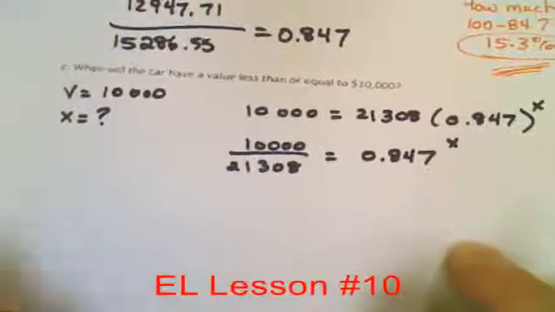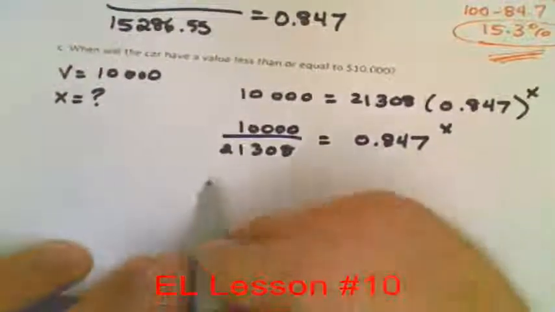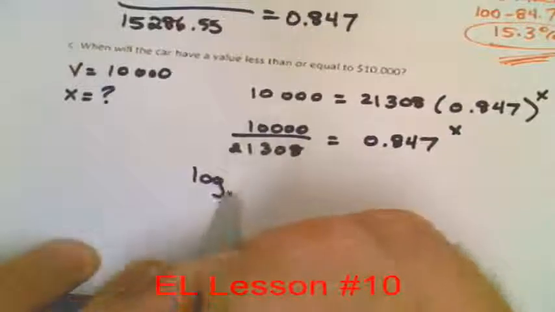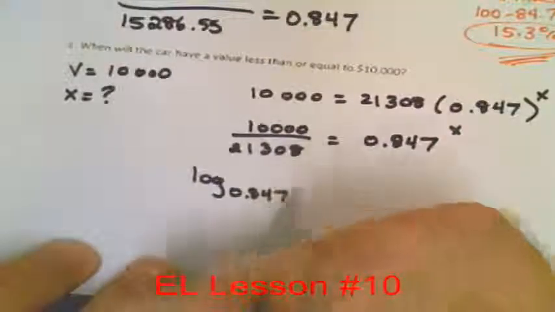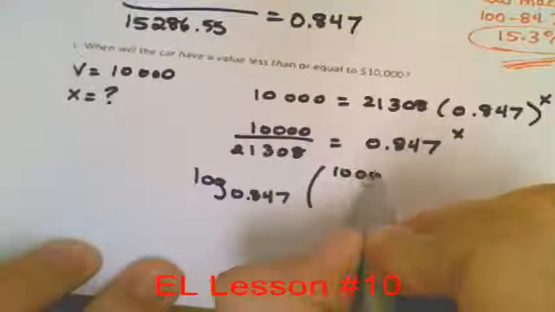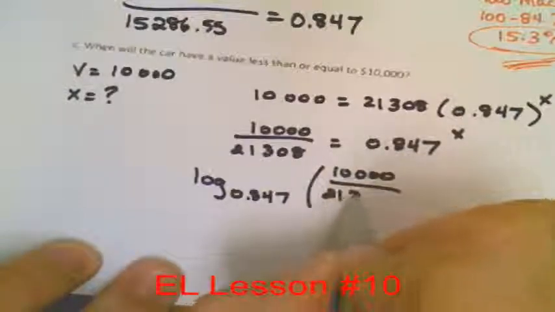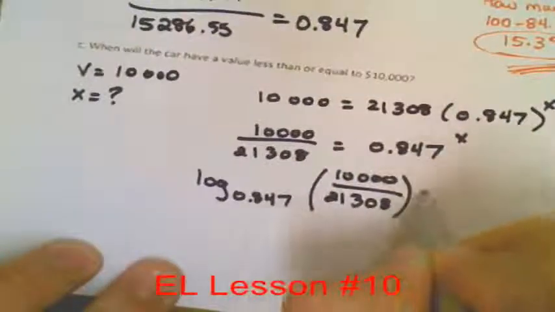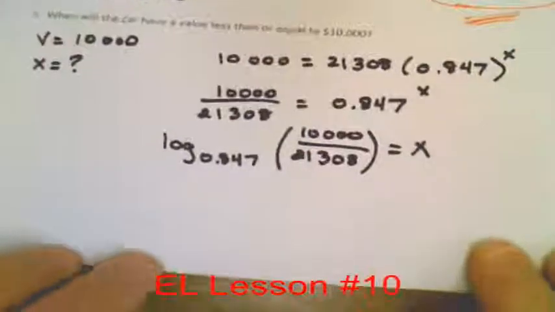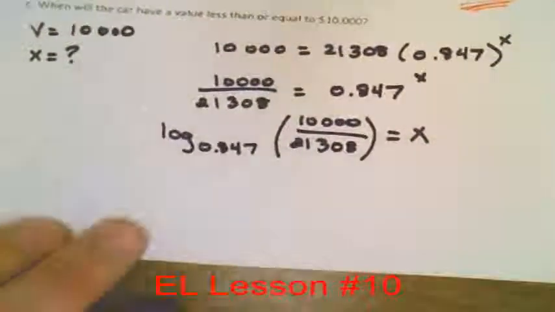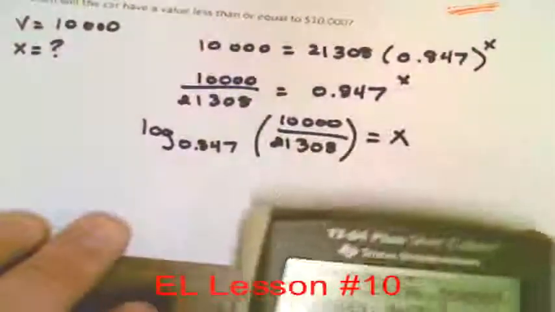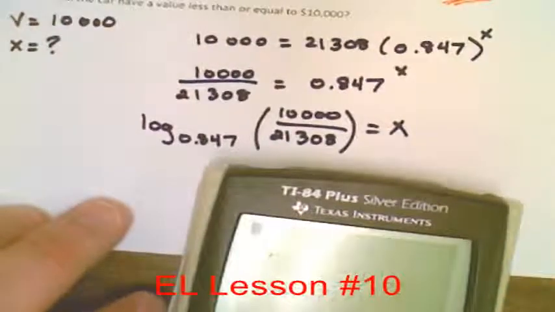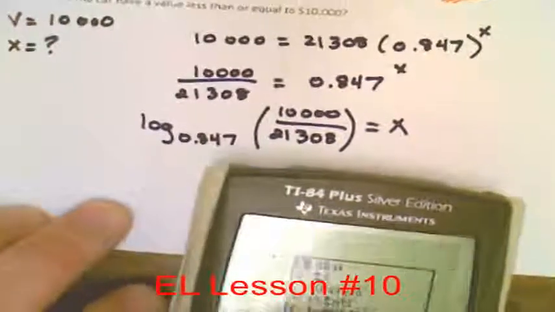So I start with my equation. V is 10,000, and it equals 21,308 times 0.847 to the power of x. Okay. So then I take this and I say, okay, this is an exponential equation. Keep in mind you can't multiply these two together by the order of operations. So I'm going to divide by the 21,308.